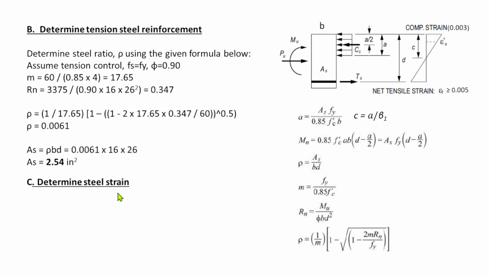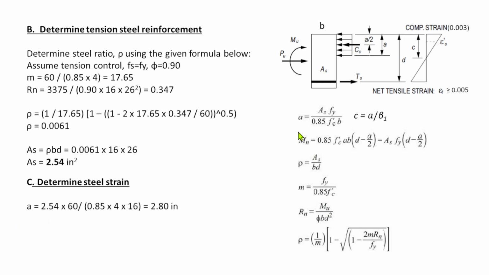Now, since we have already determined the required steel reinforcement, we can proceed to determine the value of a, so that we can get the value of c. We need c to determine the tensile strain of steel, whether it yields or not.